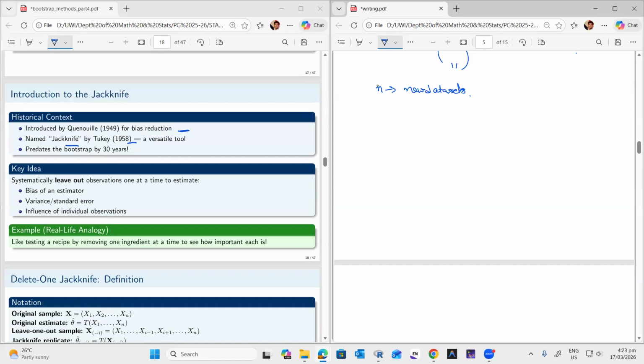For each such data set, we compute the statistic of interest, like mean, variance, or regression coefficient, and this yields n jackknife replicates of the estimator, that is theta cap i, where i denotes that the ith observation is omitted.